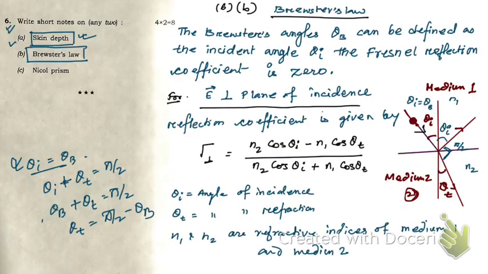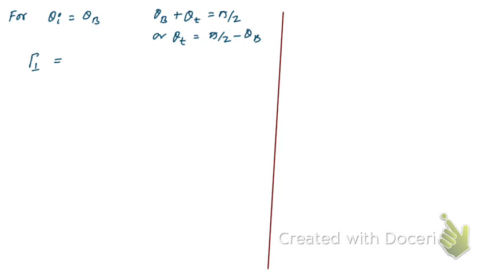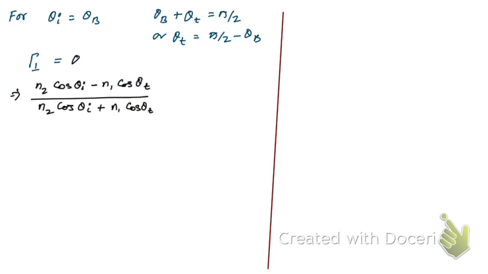So now what we can do, let me copy this. This tau perpendicular should be 0. If that is 0, then we can write this is equal to 0, right? And if this is equal to 0, we can say n2 cos theta I is equal to n1 cos theta t, because this must be equal to 0.